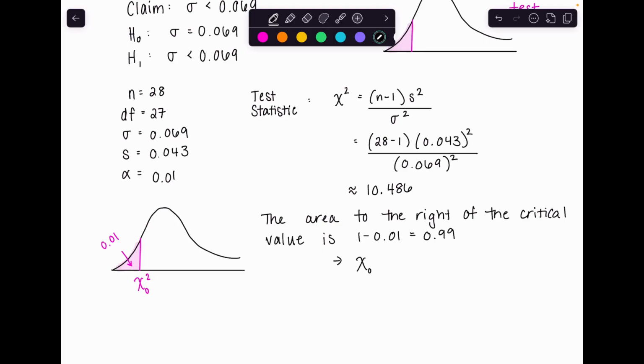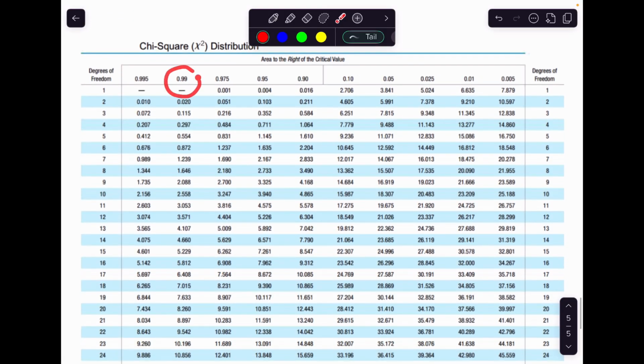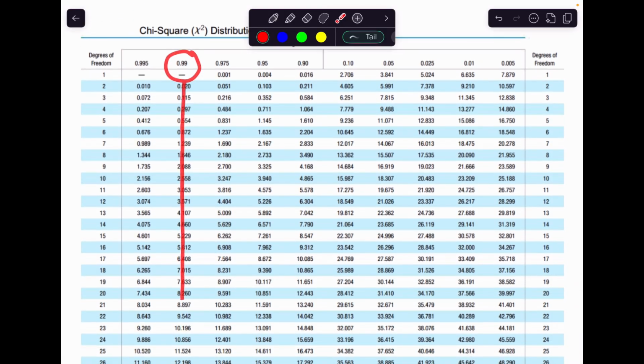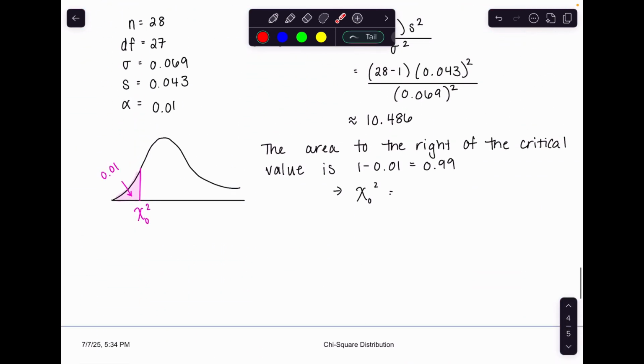So for this cutoff, using our table, degrees of freedom is 27, and we want 99% of area to the right. So I have to go all the way down to degrees of freedom being 27. That gives me a cutoff value of 12.879. So this value here is exactly that.